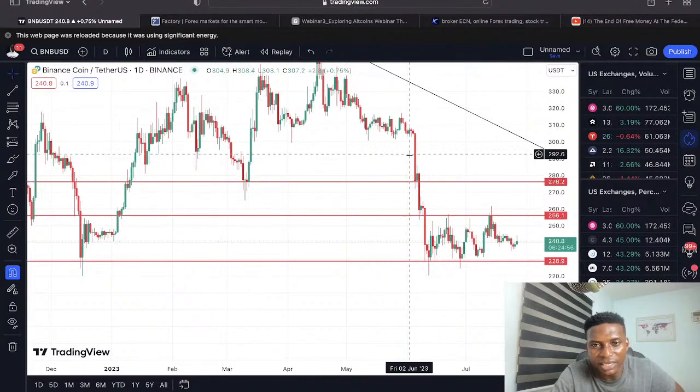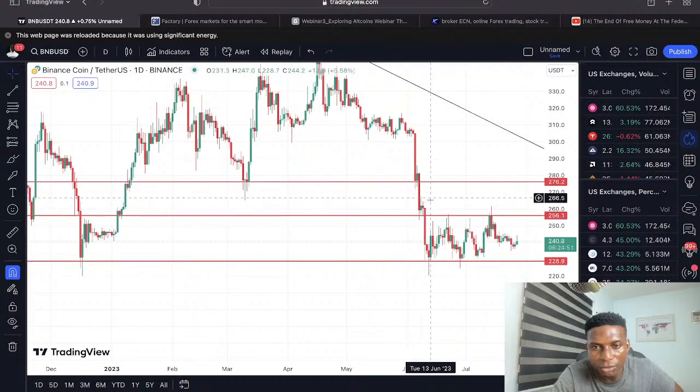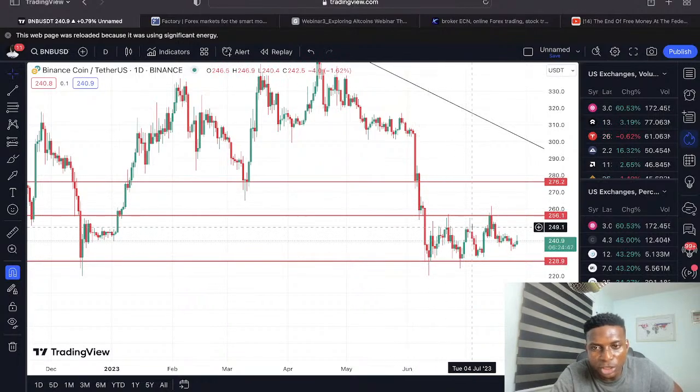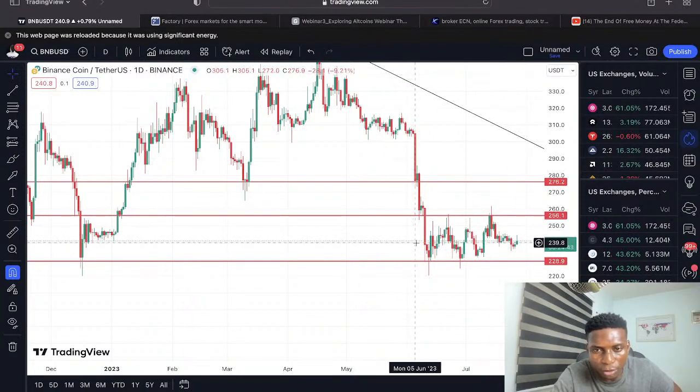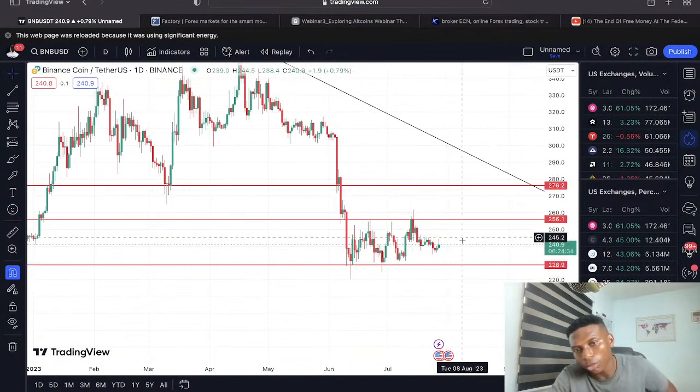Here we can see that price came to this support level and finally broke out of it, rallied a bit, broke out of this support level, and has been ranging within this price level for the last few months now, since June. So something interesting is about to happen.